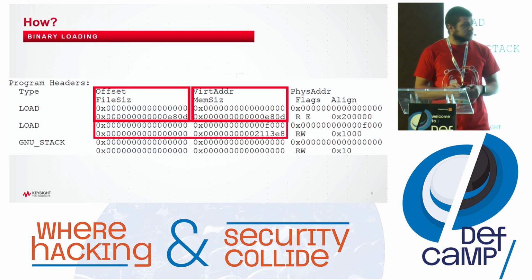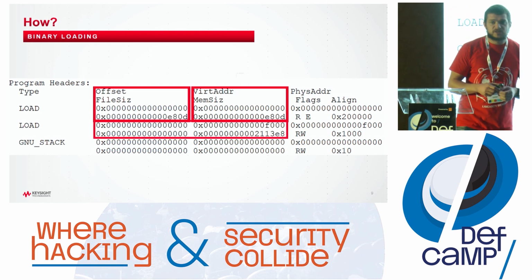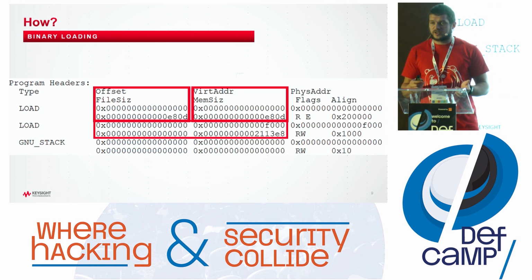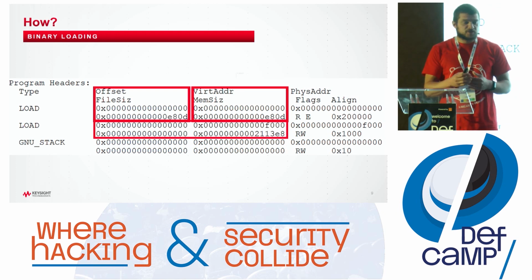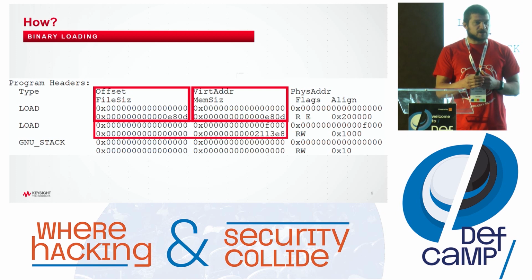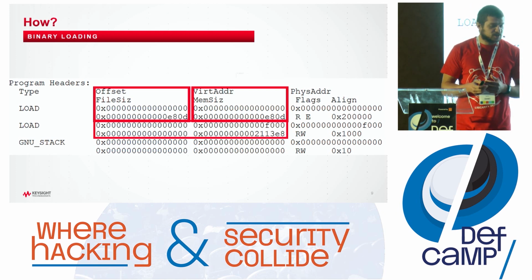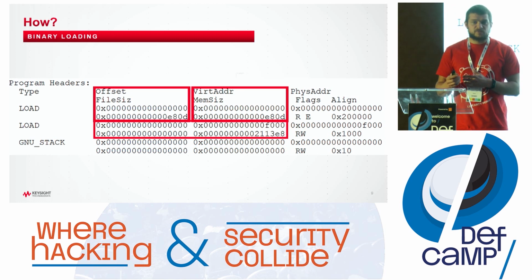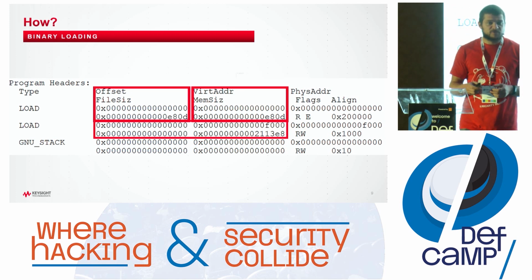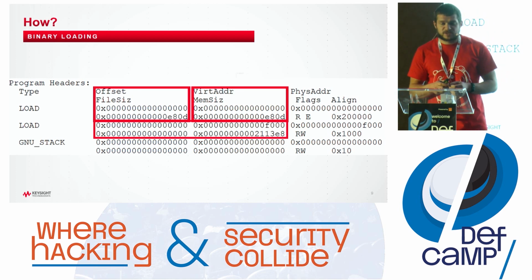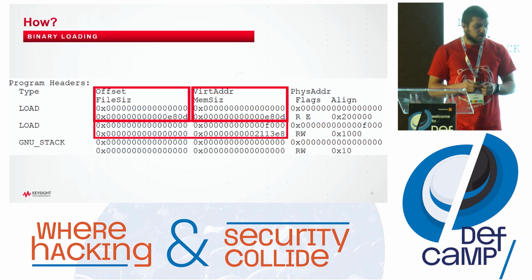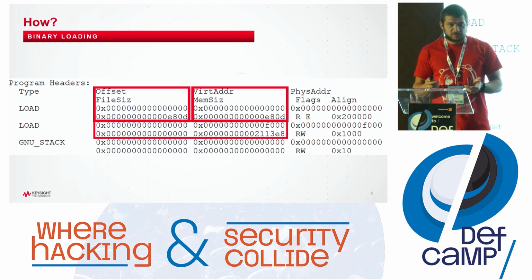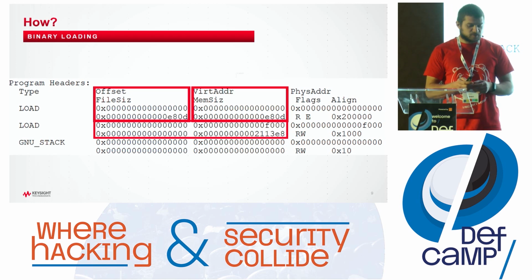You can also have different types of mapping, such as this one that has a lot of zeros in the file part. And that's the reason there's nothing being loaded from the original file when loading into memory. It basically says, I'm going to need this much memory. I know I will need it at some point, but just load it, whatever, and I will simply overwrite it and use it as time goes by. So after you understand this, the binary loading part becomes pretty easy.